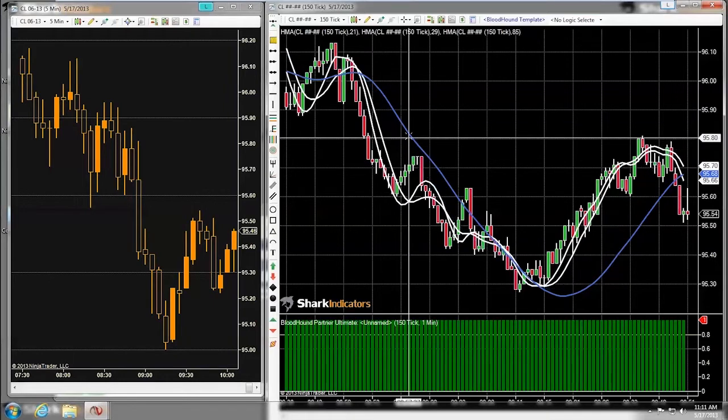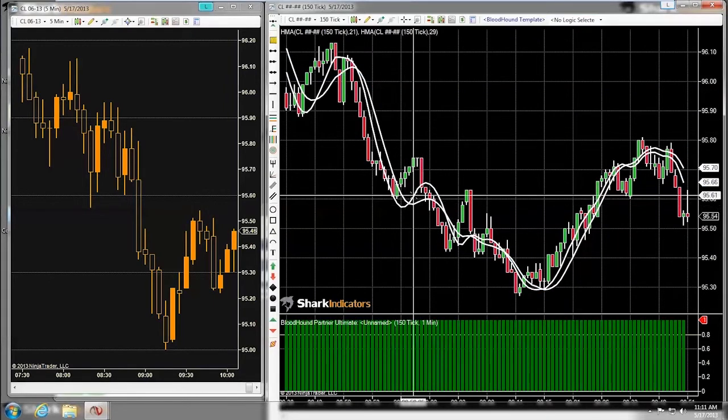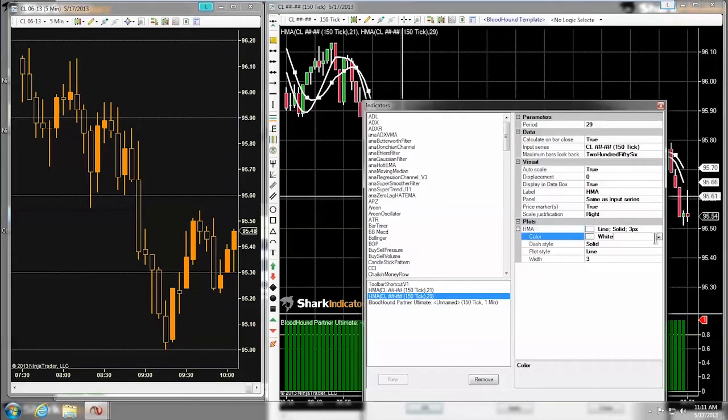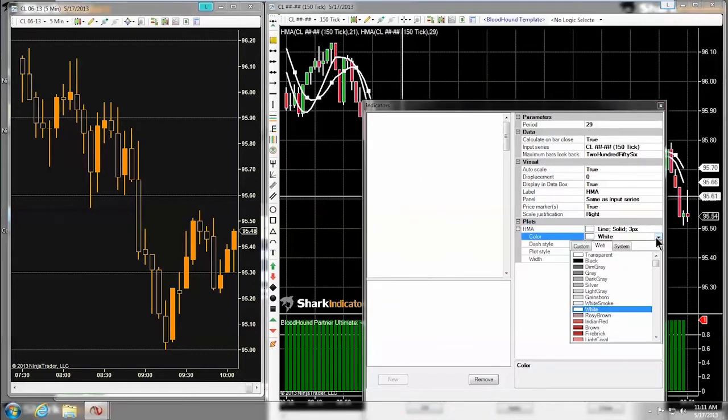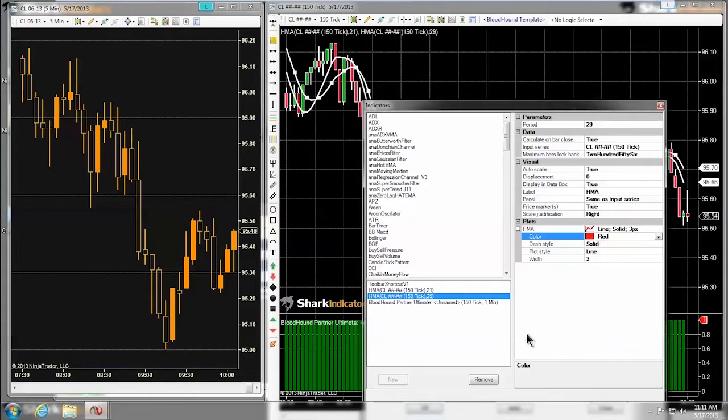Let's get rid of that, get rid of that. Make one of them red, so it's real obvious. Okay, so the white HMA is a 21 and the red is a 29.